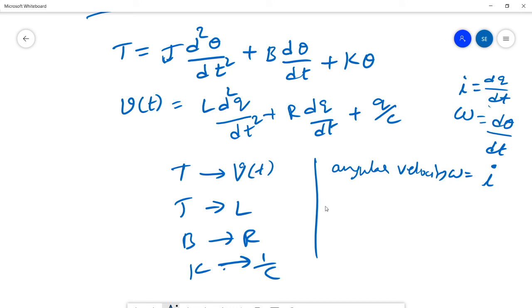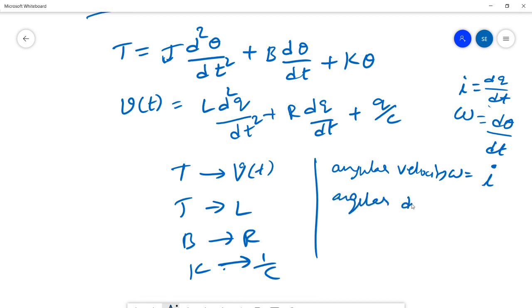Torque, moment of inertia, B, resistance is B. Then what is the angular displacement actually?